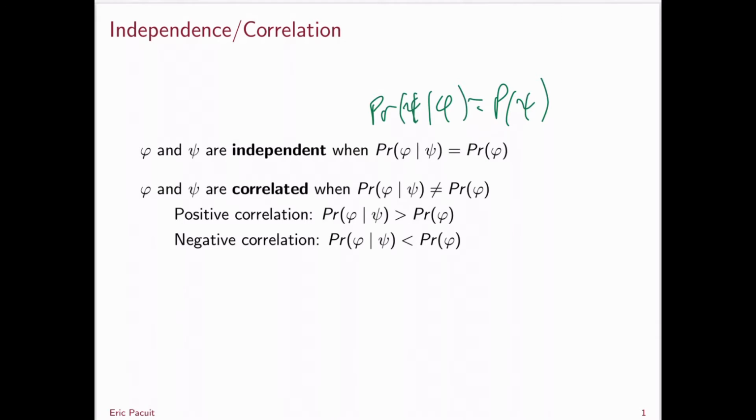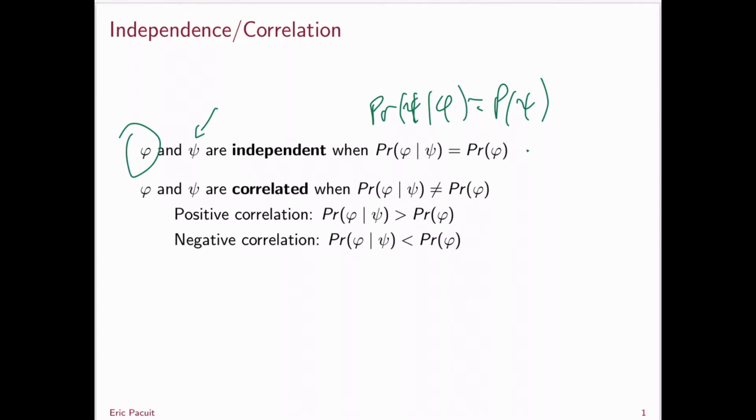When this happens, that means learning something about psi doesn't tell you anything about the other formula phi. And similarly, learning something about phi doesn't give you any information about the formula psi. And that's what it means for phi and psi to be independent.